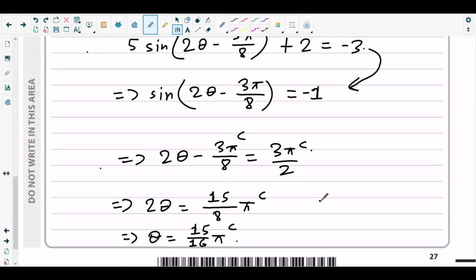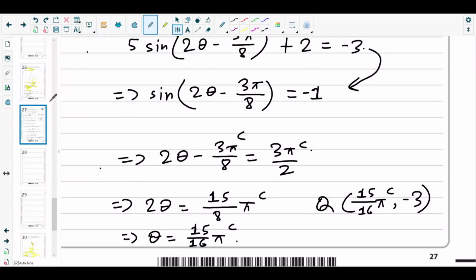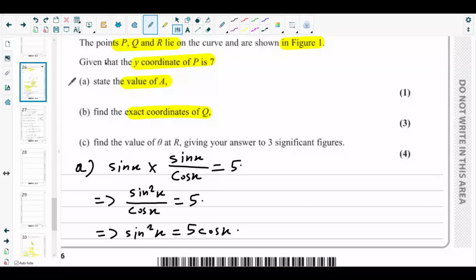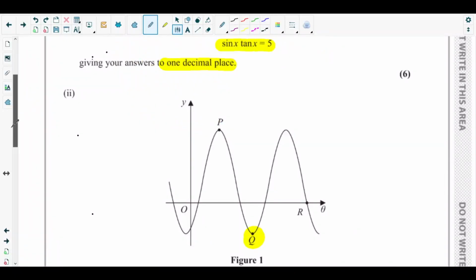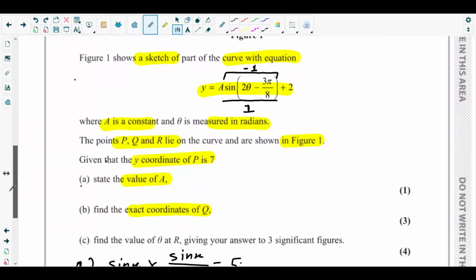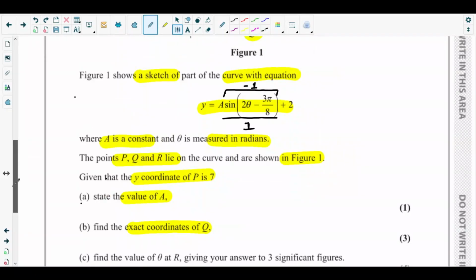So point Q is 15π/16 radians, and its y value is negative 3. And those are the coordinates of point Q, and that is what part B of question number 9.2 has asked for.